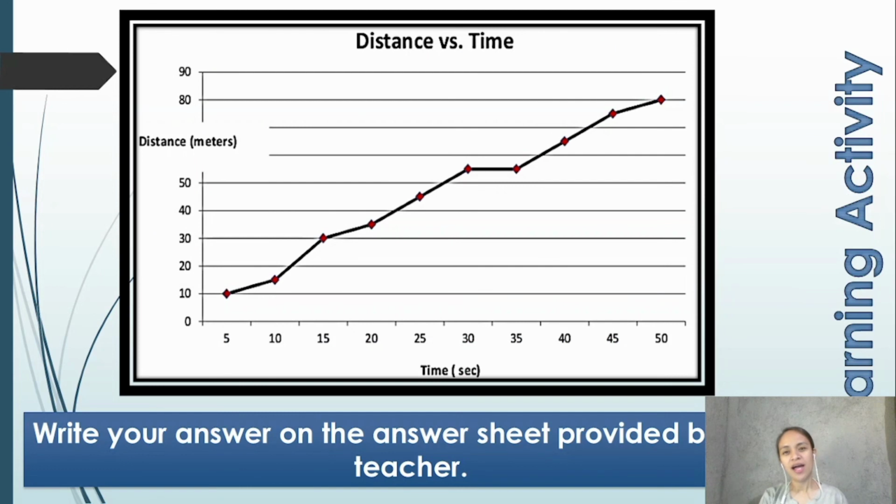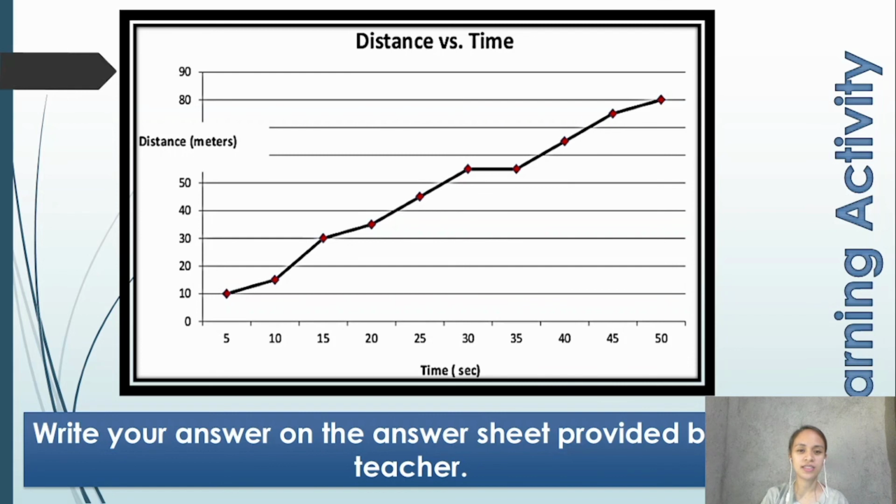Now, let us have this learning activity. Write your answer on the answer sheet provided by your teacher. Pakisulat do sa worksheet na ipinadala sa inyo ang mga sagot nyo dito.